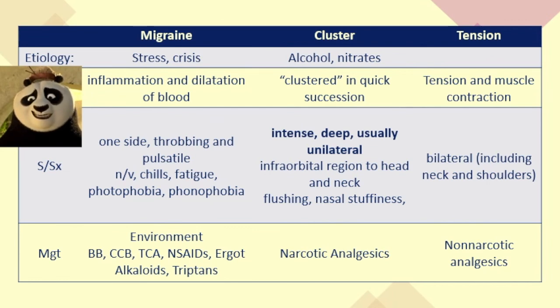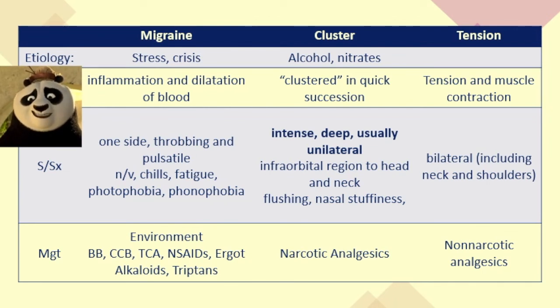Now, this is usually related to the inflammation and dilatation of the blood vessels. For that reason, if you notice, we will be giving medications that constrict the blood vessels. Other than that, the signs and symptoms appear on one side. It is also throbbing and pulsatile. And then there's nausea, vomiting, chills, fatigue, photophobia, and phonophobia.